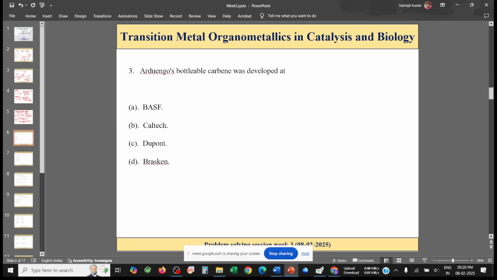Arduengo's bottleable carbene was developed at which place? This is also a recall type question, as in our first class of the second series we are discussing industrial problems and developments. We develop chemistry in academia, and then it goes to industry.